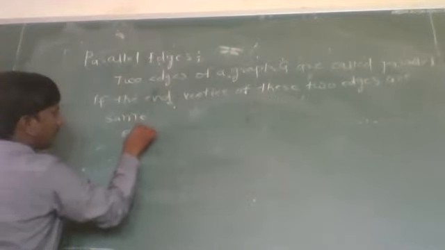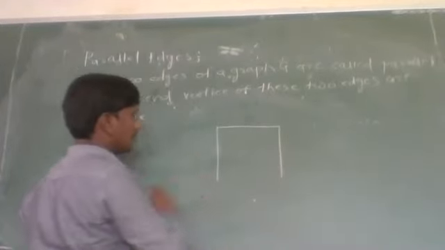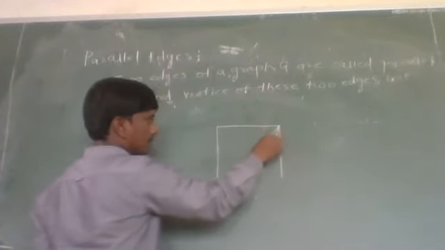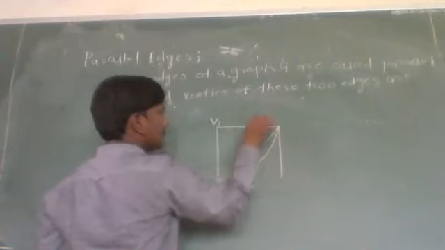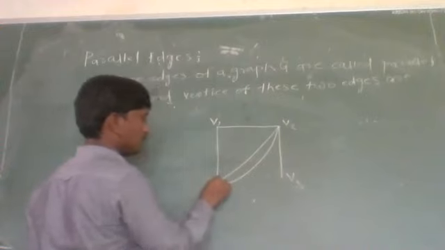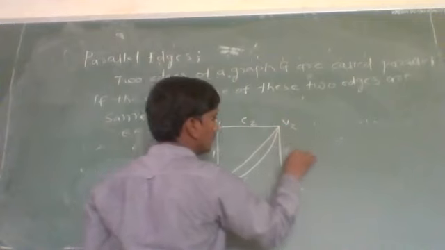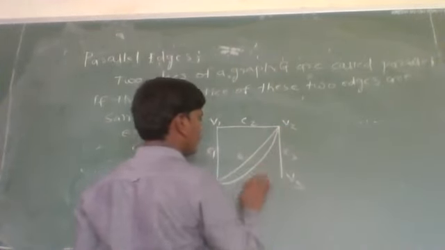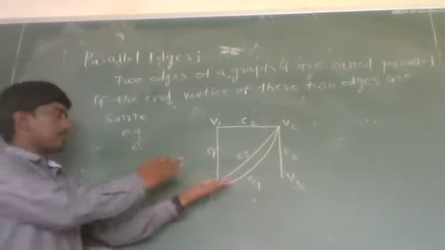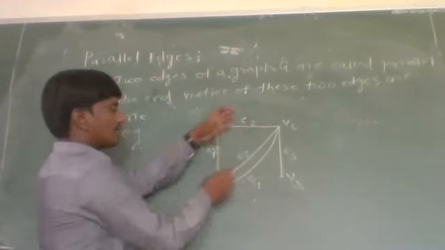For example, suppose this one is vertex V1, this one is V2, V3, V4, V5. From V2 to V4, there are two edges. Then these two edges are said to be parallel.